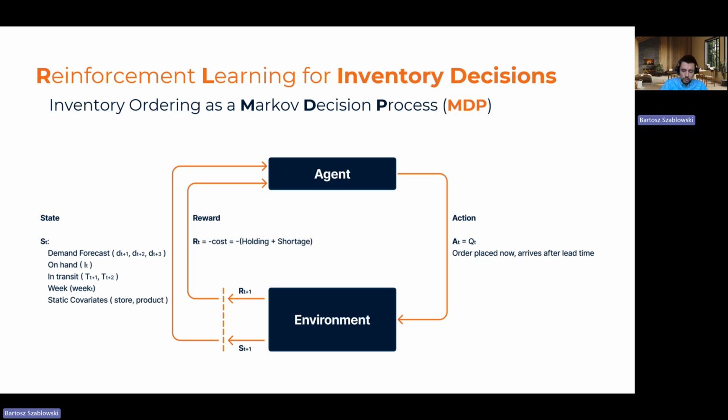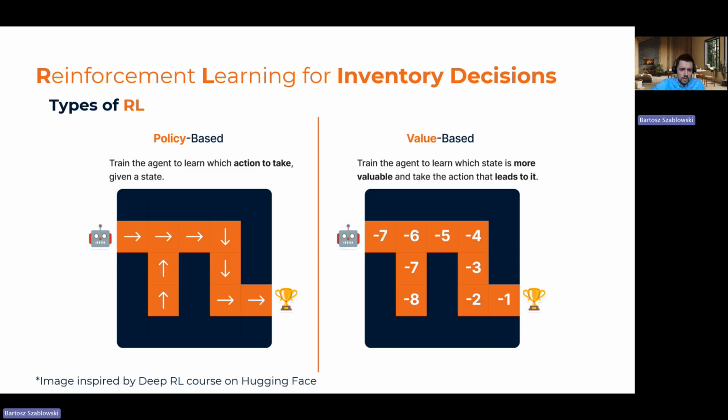And finally, we move to the next state after one more week of sales is realized. This is reflected in the reward, which for us is simply the sum of negative holding and negative shortage.